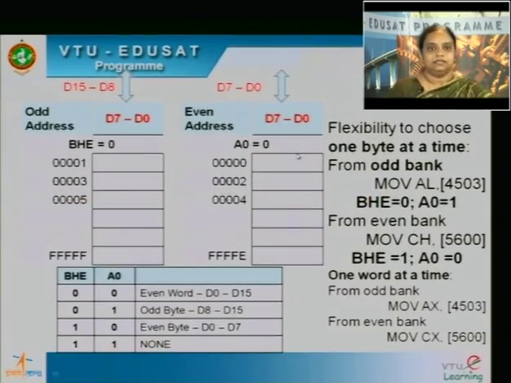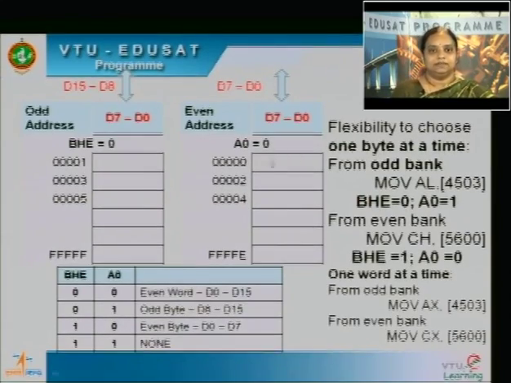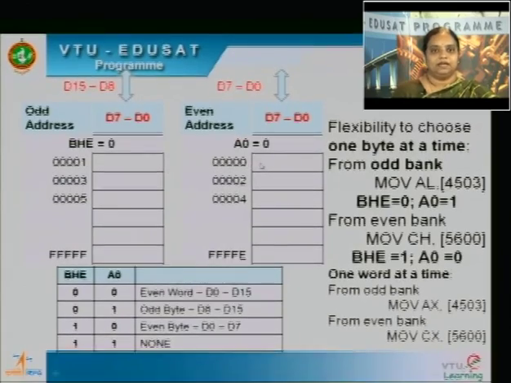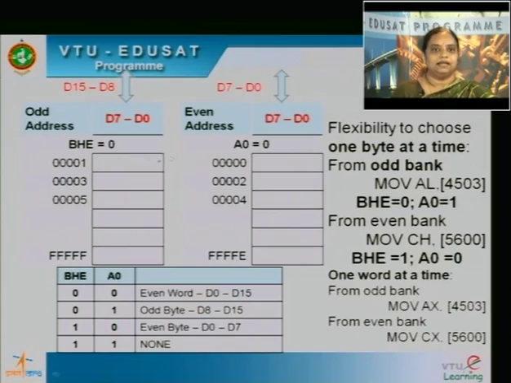In 8086 we have a 20-bit address line and 16-bit data lines. Since we have 16-bit data lines D0 to D7 and D8 to D15, we would like to access 16-bit data from the memory at once. To do this, the banks are enabled by A0 and BHE.